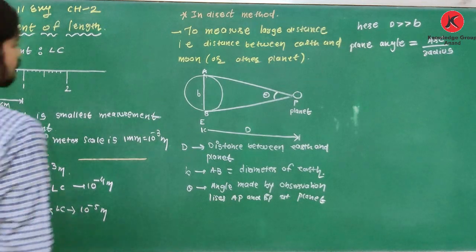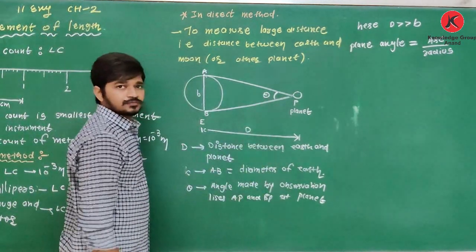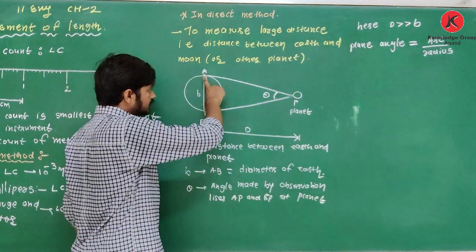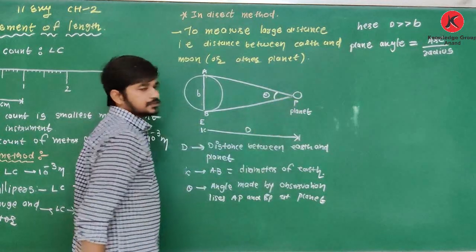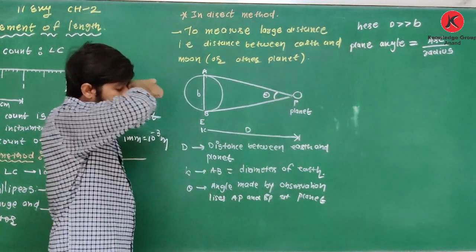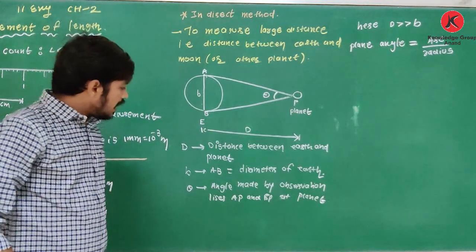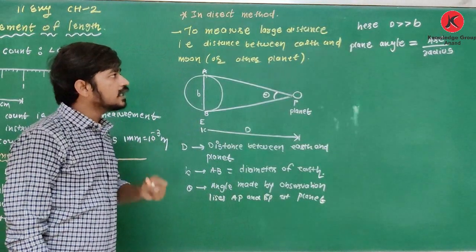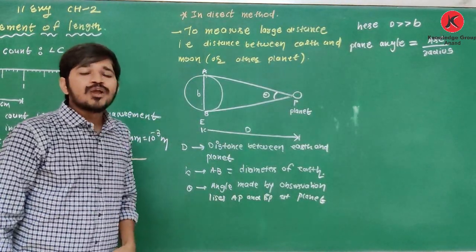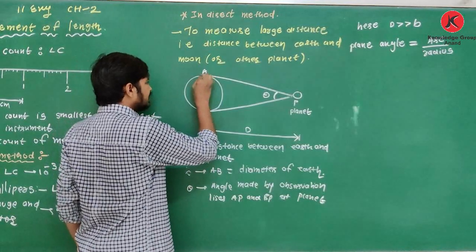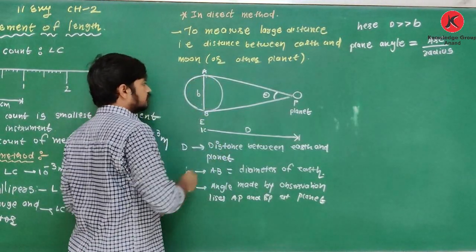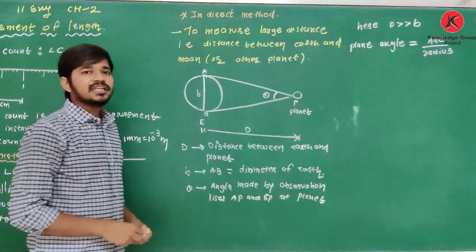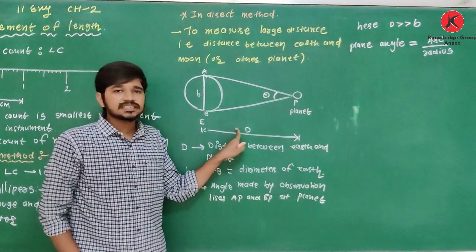Now, see here it is angle theta. Yes, this angle theta is made by this diameter with this planet, which is at distance d. Now, as this distance between Earth and planet is very much larger than the diameter of Earth, we can say that this arc, this diameter and this diameter are nearly equal with respect to this distance d.